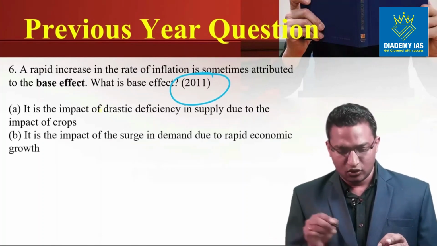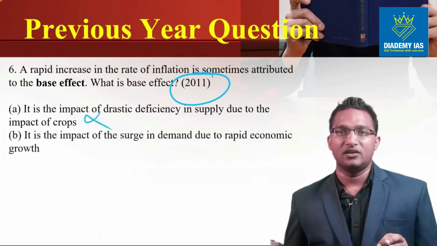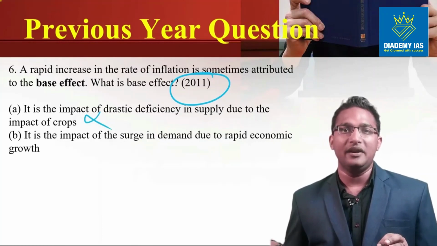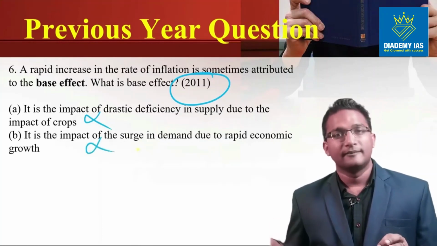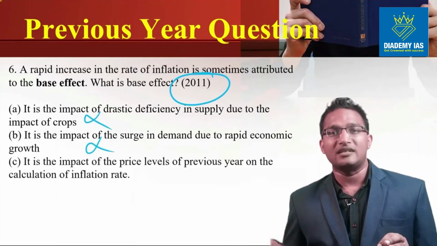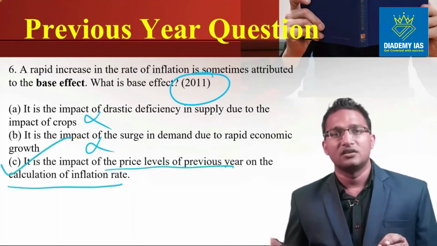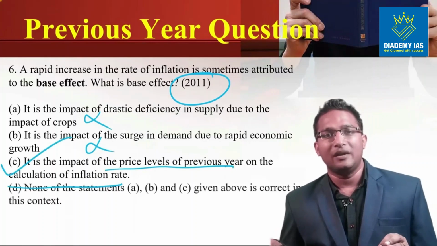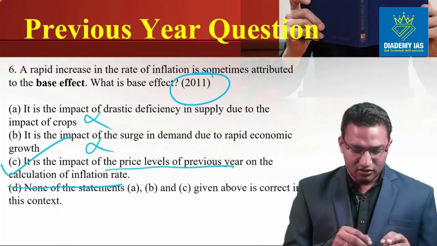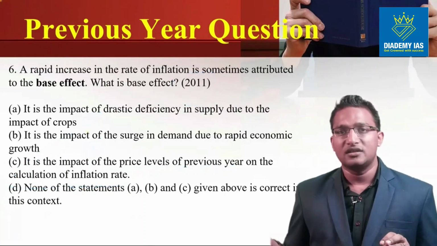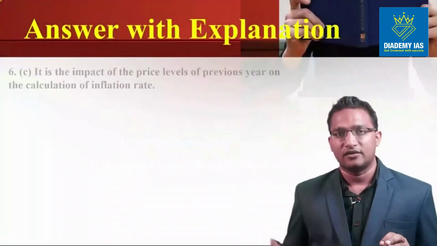This is wrong. Option B, it is the impact of surge in demand due to rapid economic growth. This is wrong. Option C, it is the impact of price level of previous year on the calculation of inflation rate. This is correct. Option D, none of the statements A, B and C. So the answer is option C.